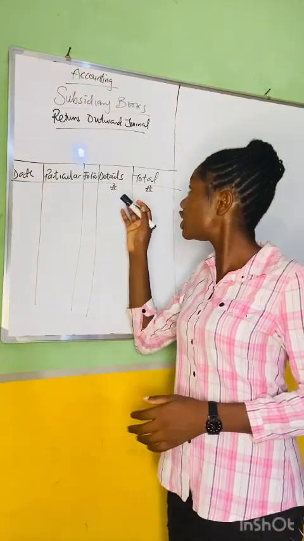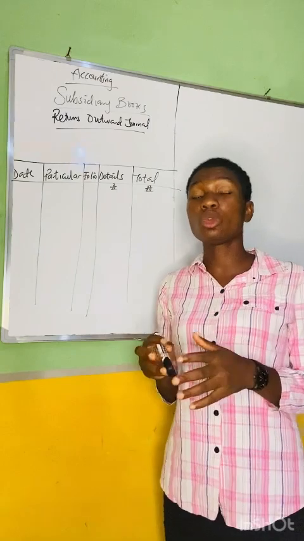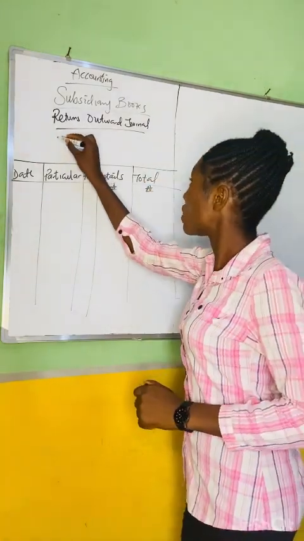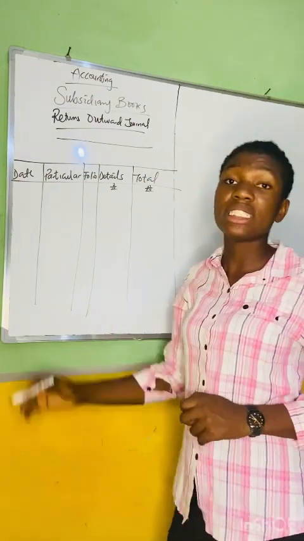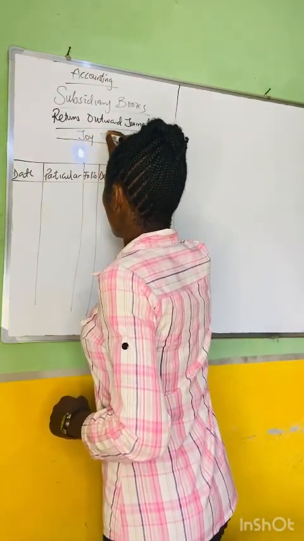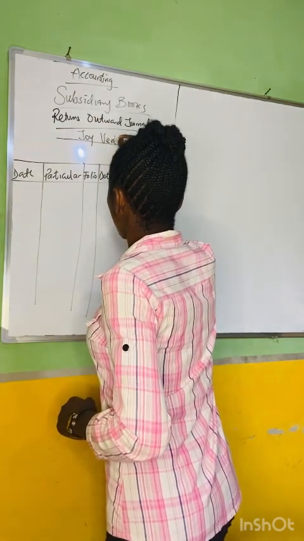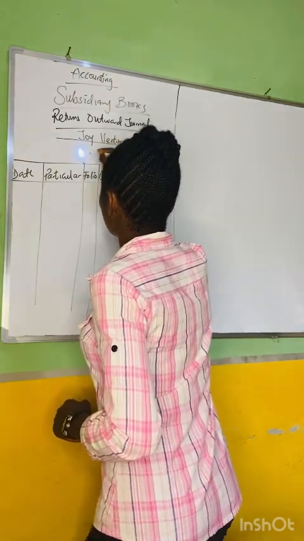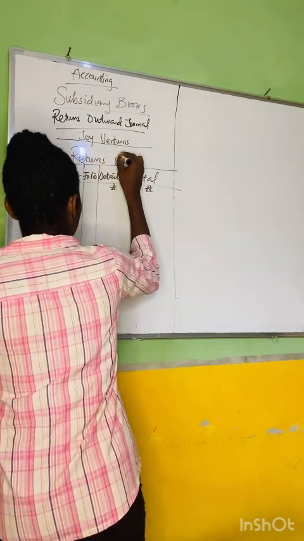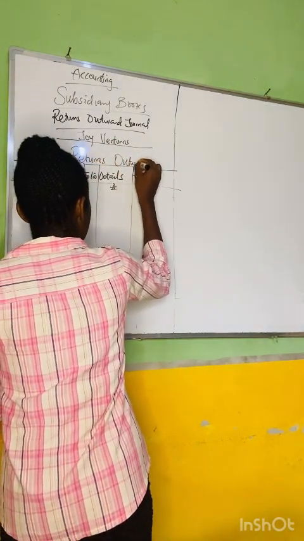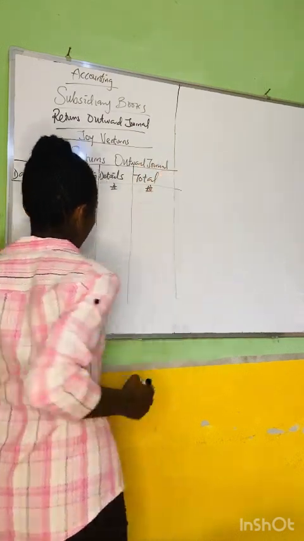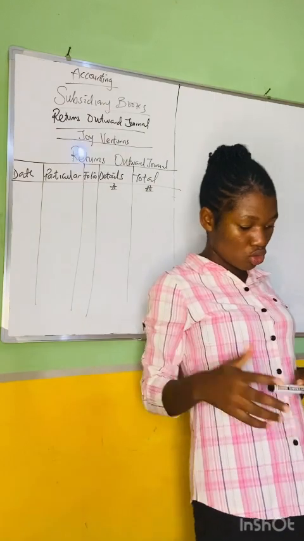So the first thing we're going to be doing is to identify the owner of this journal, which is Joy Ventures. So this is a returns outward journal. All right, we are set to go.